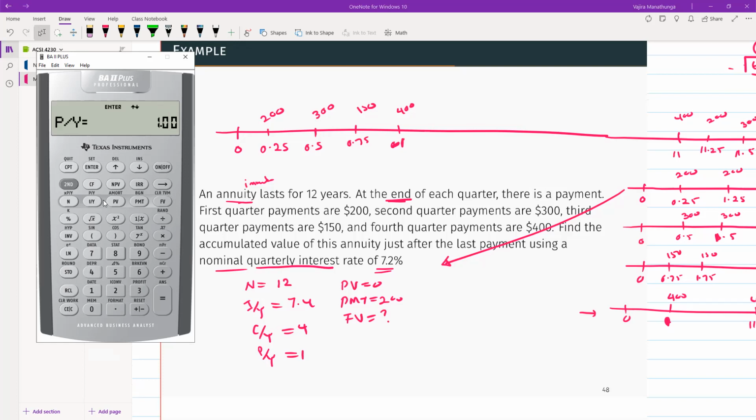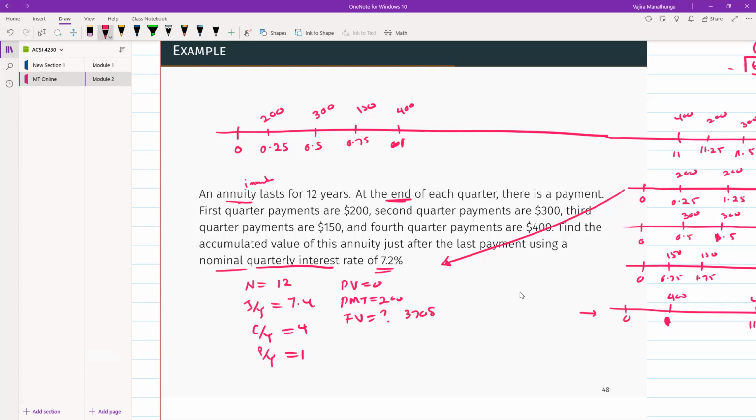Then second, here payment per year is 1, but compounding is 4. Then the 0 for present value, 200 for payment, and then you compute future value. And it's going to be 3,008.32.